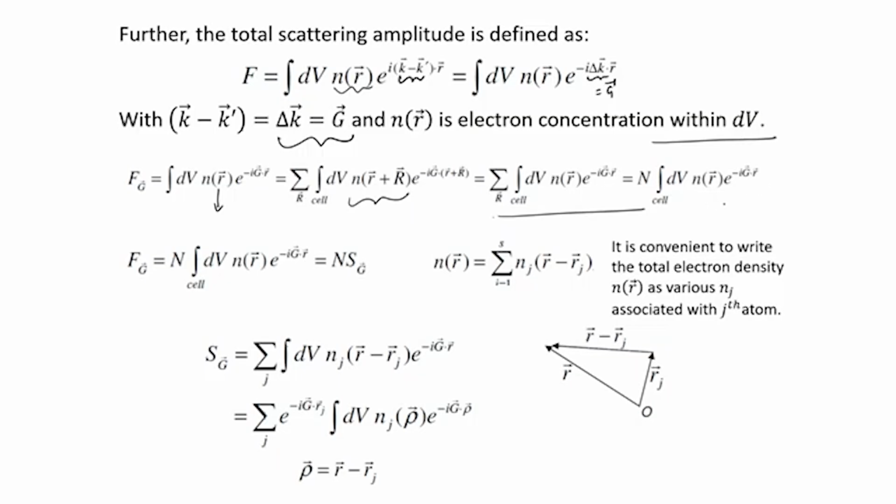There are N of these direct lattice vectors, so this sum over R is now replaced by N. So, we have the total scattering amplitude F of g, which is equal to N into the integral over a unit cell of dV n(r) exponential minus i g dot r. That is nothing but N S g, where S g is what we have defined in the last slide.